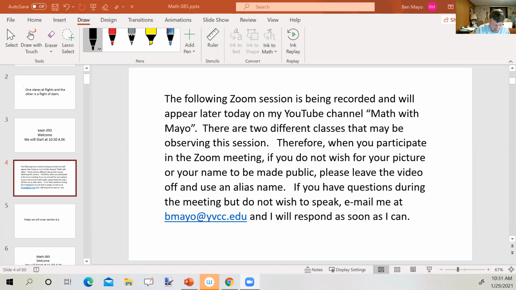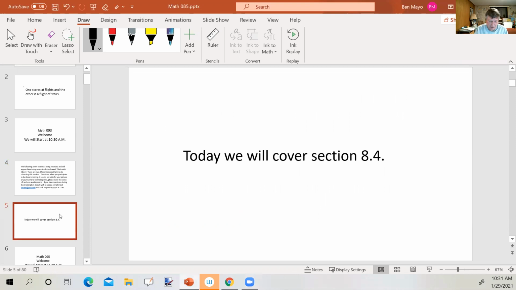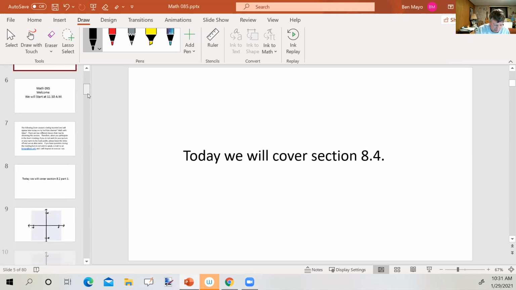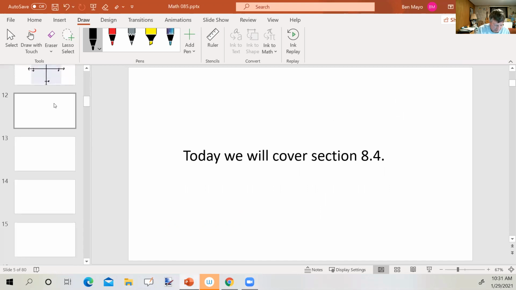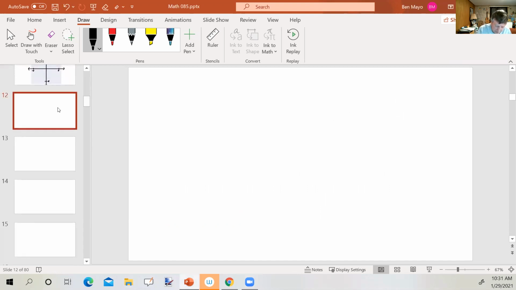Alrighty, so today we're going to eventually get to section 8.4, but I have one question that a student emailed me. We'll start with that, and then if you have any others, we'll look at those. This is from section 8.2, number 9. It says, write an equation for a linear function whose graph has the given characteristics.